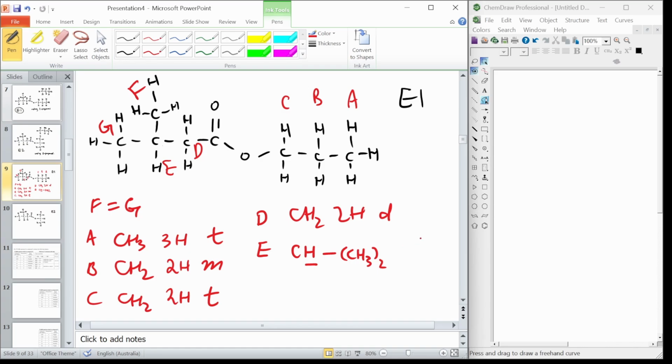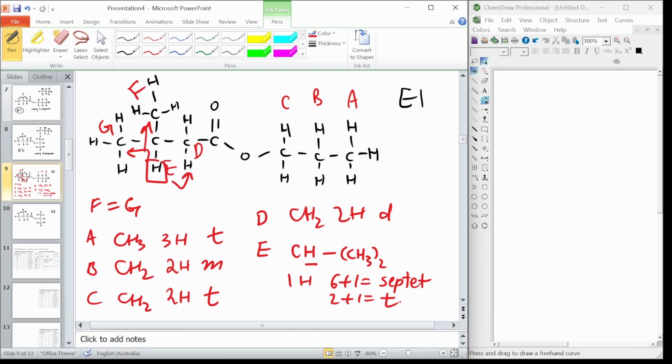Okay, so we're going to put 1 hydrogen. Now, this hydrogen actually sees both G and F and D. When it sees F and G, it's going to be 6 plus 1, a septet. And the hydrogen that sees D is going to be a triplet, because it's 2 plus 1.